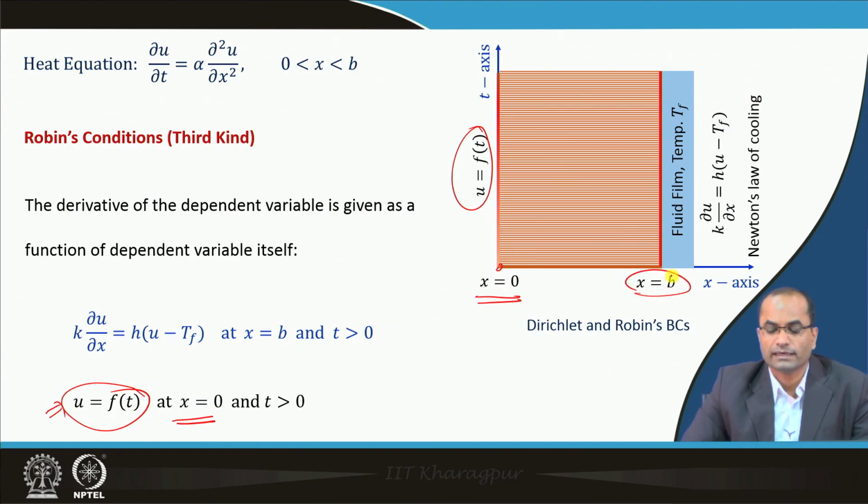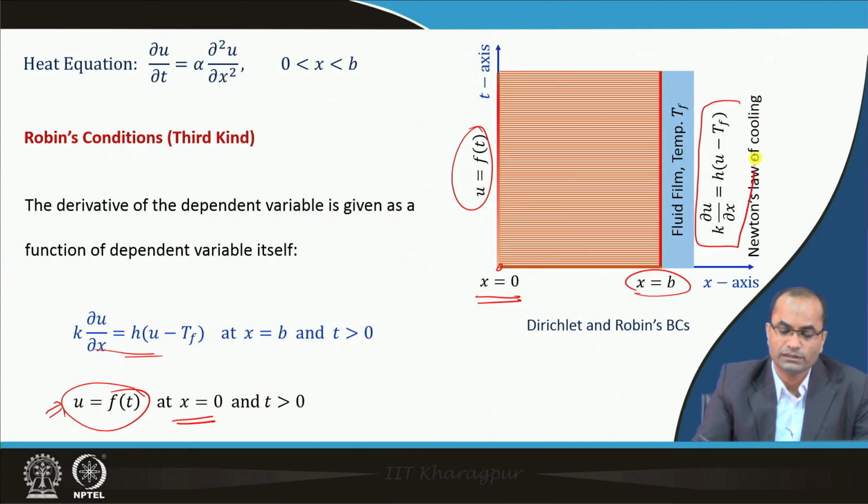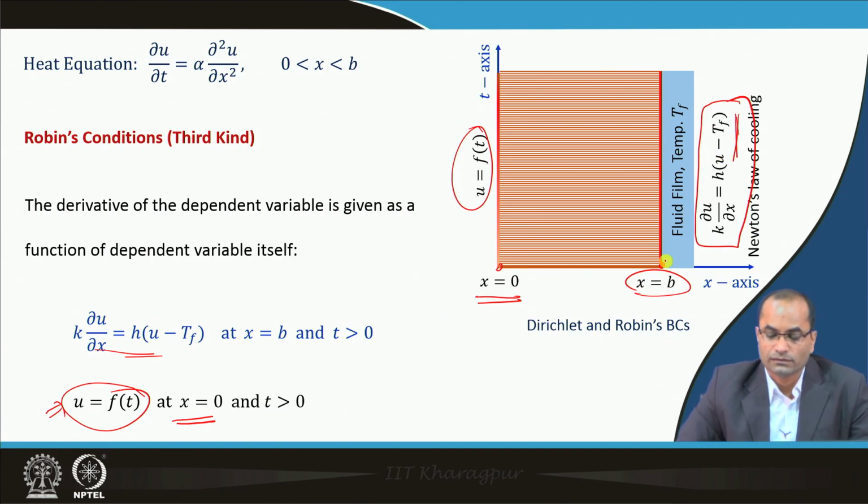On the other hand, at x equal to b, we have the so-called Robin's boundary condition, which is some constant times the difference of two temperatures: u, the temperature of this bar, and just imagine that this bar is kept in a fluid film at this end, whose temperature is T f. T f stands for the fluid temperature.